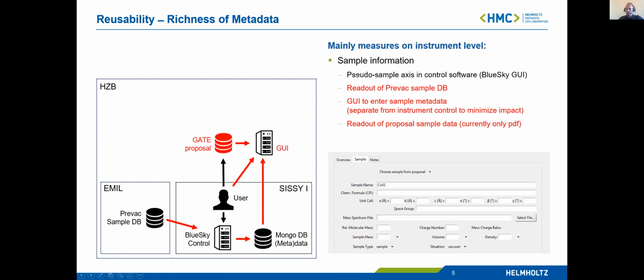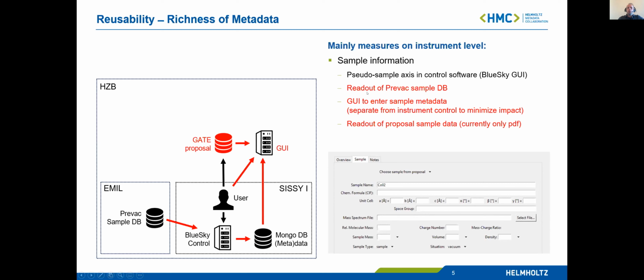And here we take several measures to get this information. On one hand, it's a very simple measure. We just introduce a pseudo sample axis in the control software of Bluesky, which is in principle a text field where the user can provide some additional information about the sample during the experiment.